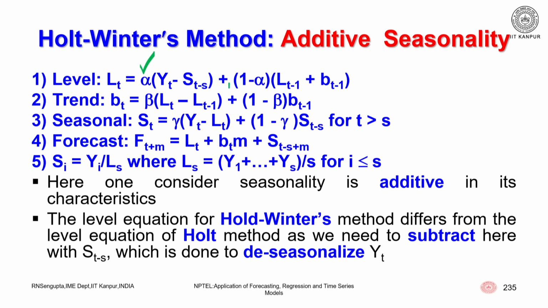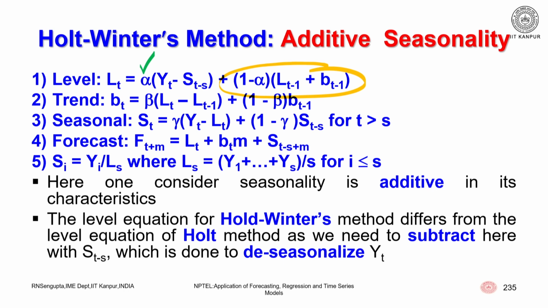And the other term which you see is 1 minus alpha, and the sum is the level, which is L, and the trend, which is B. And obviously, as per the concept, the level value is from one time period in the past, which is t minus 1, and the trend is also one period in the past, which is t minus 1. Now, this component, the one which I am going to highlight using the orange one, we have already seen in the linear part.